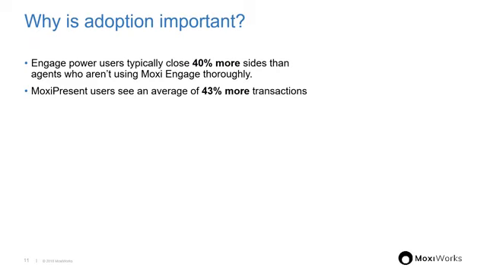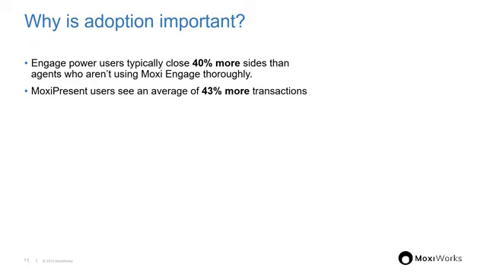What we have seen is that a typical user of Engage ends up with 40% more sides than agents who are not using Engage, and that's within the same brokerage. We looked at numbers across single brokerages to see what was happening a couple of years before, from their MLS, to after they launched with Engage and MoxiWorks as a whole, and what those agents who were seriously adopting the system and working with their managers for coaching were able to achieve.